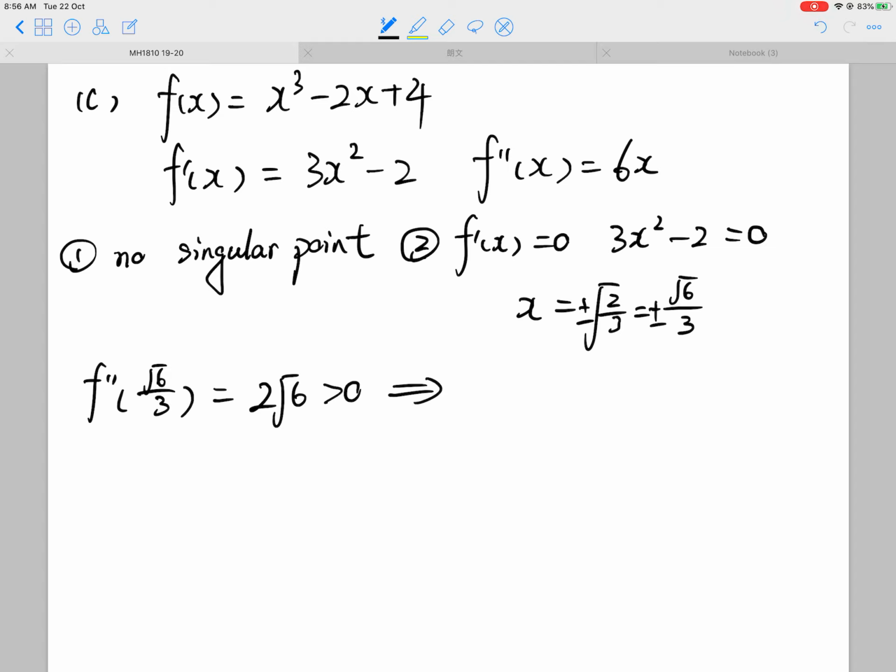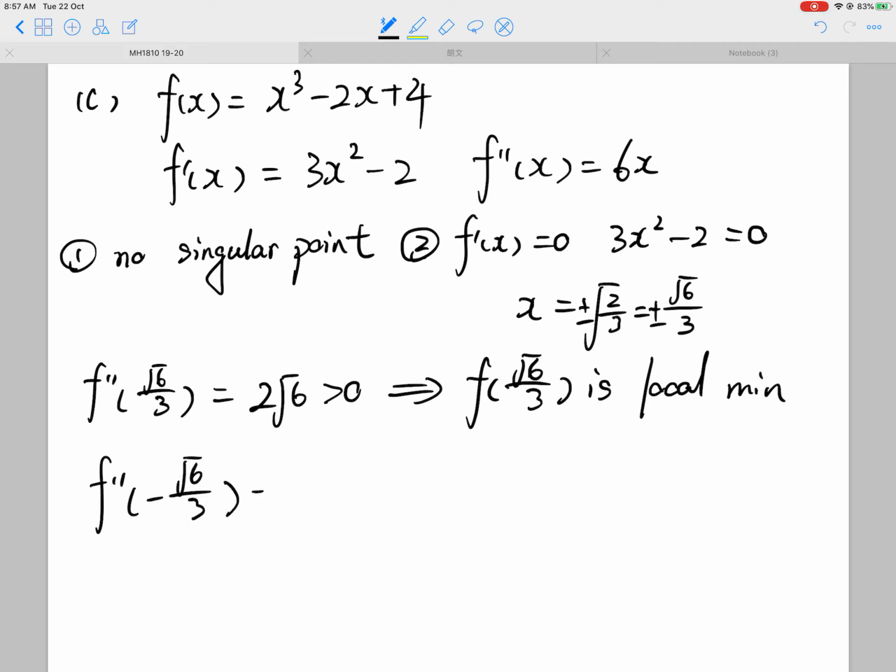Therefore, the first order derivative is 0, second order derivative is positive, so f of square root of 6 over 3 is a local minimum. What about the second order derivative of this? It's negative 2 square root of 6. It's smaller than 0, which means f at the negative point is a local maximum.